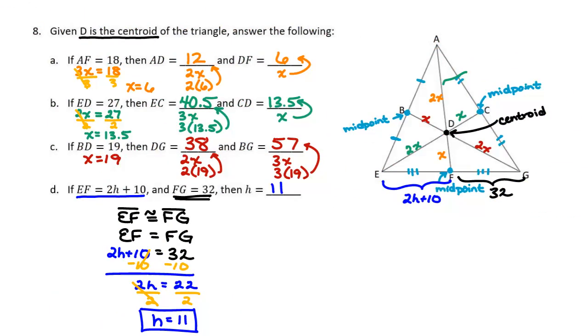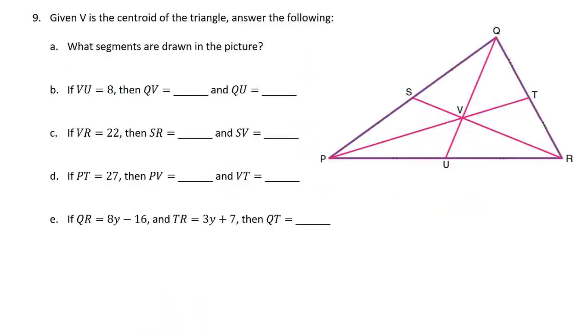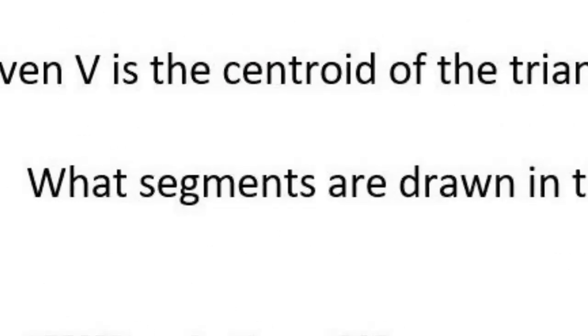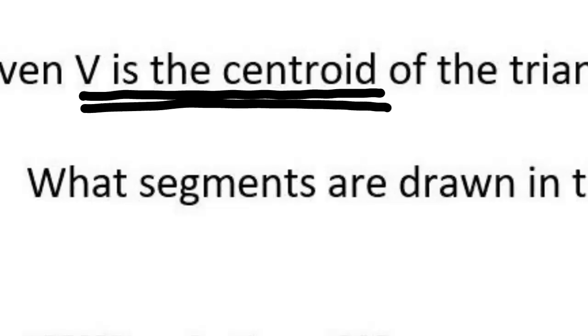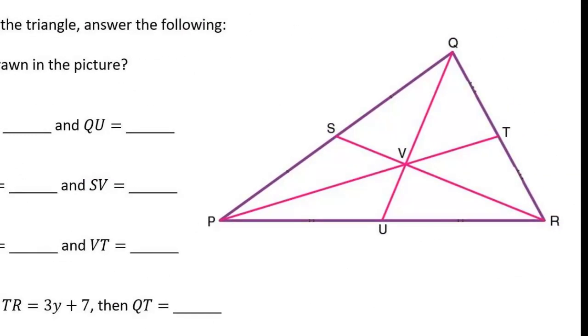All right, we have one more example problem that we're going to do, and then you guys will have the rest of the time to work on the homework that is due tomorrow. So we're going to flip to page 10 and look at number 9. First thing the directions tell me is that V is the centroid of the triangle. So I'm going to come over here.